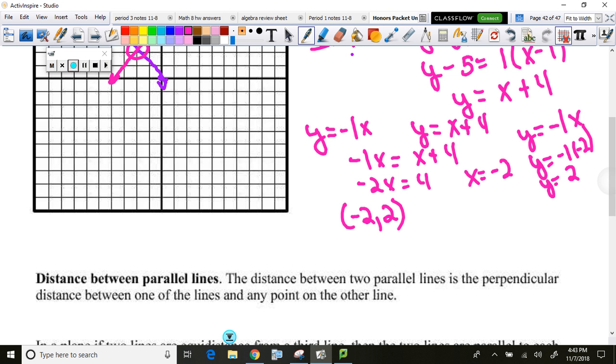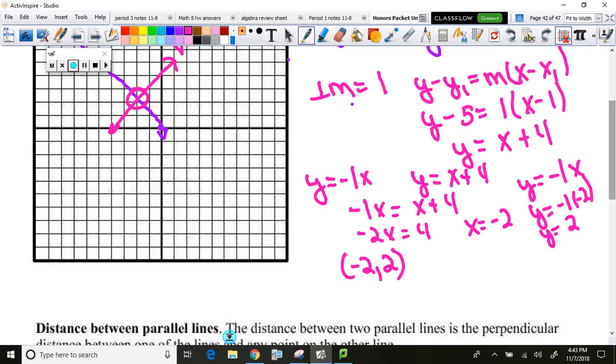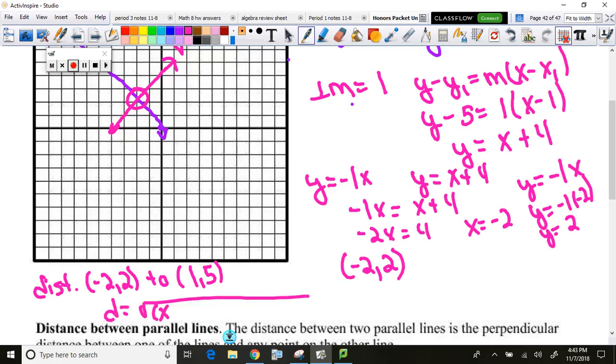Now the very last thing I need to do is find the distance from -2, 2 to 1, 5. So to do that, I use the distance formula, which is the square root of x2 minus x1 squared plus y2 minus y1 squared.